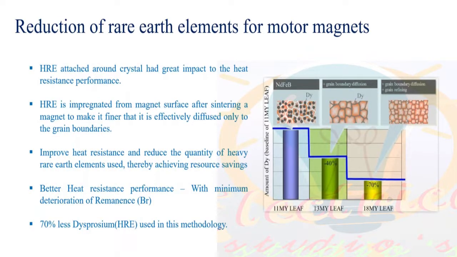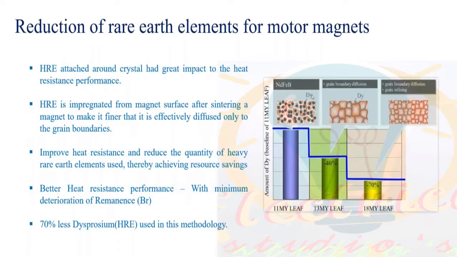They don't want to completely go out of PMSM motors, but they implemented a technology using grain boundaries, which mechanical engineers might know. Using a special manufacturing methodology, the magnets are manufactured in such a way that they use very little dysprosium.